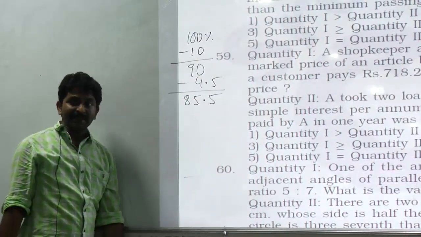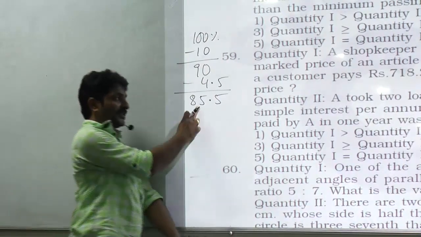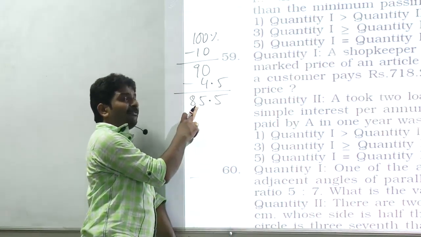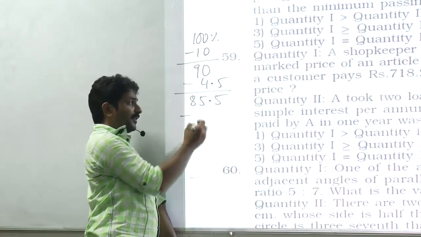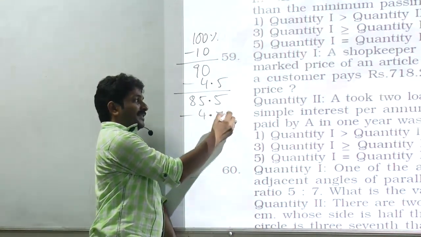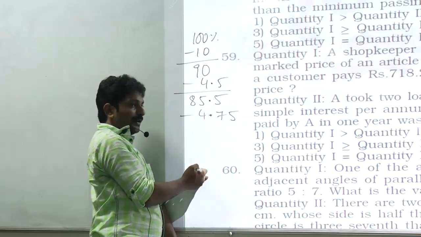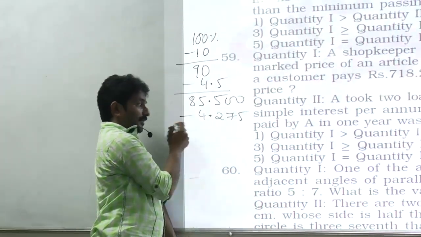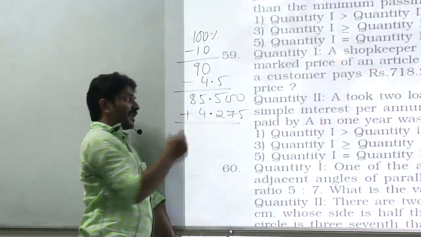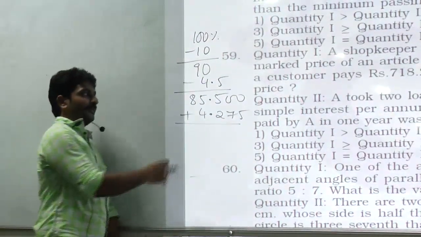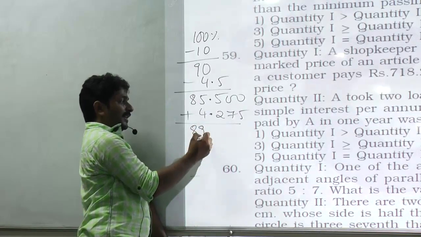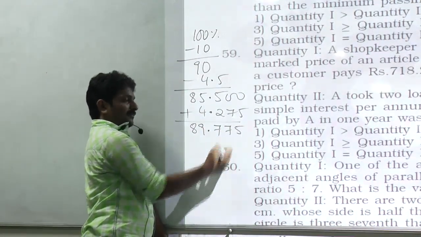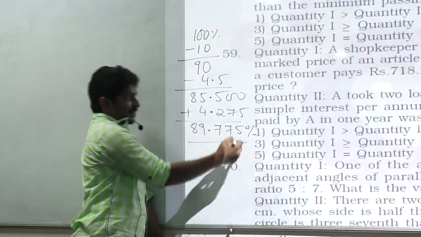Now he is again charging 5% sales tax on this discounted price. 10% is 8.55. 5% will be half of that, that is 4.275. Now you need to add that, and it becomes 89.775%, which is given as 718.2.